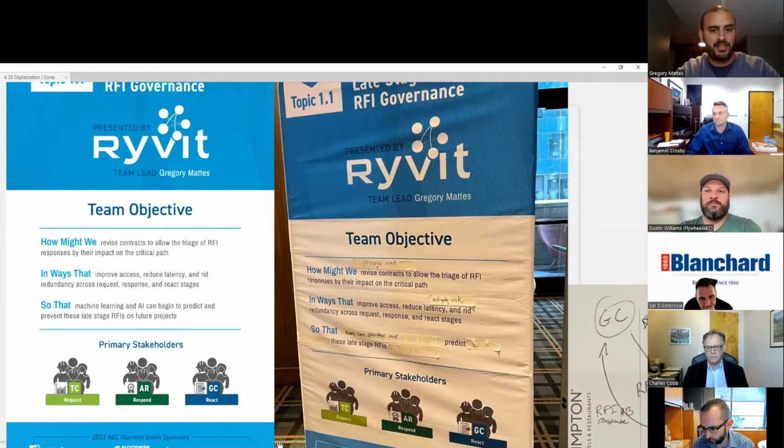It's a little hard to read, but so that teams can prioritize and predict late stage RFIs, and that's really what we were trying to solve for in the end.